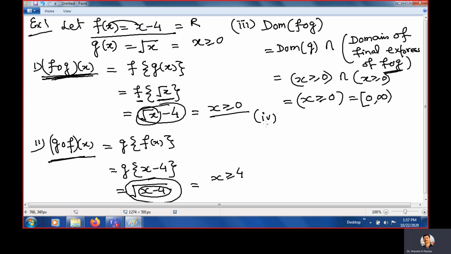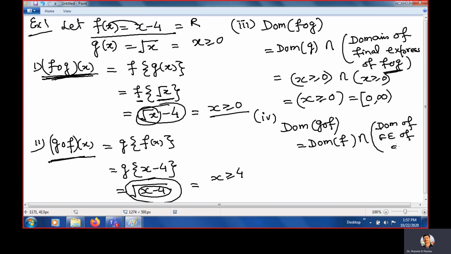And if we want to calculate the domain of G composition F, then it is equal to domain of F intersection domain of the final expression of G composition F. And what is the domain of F?